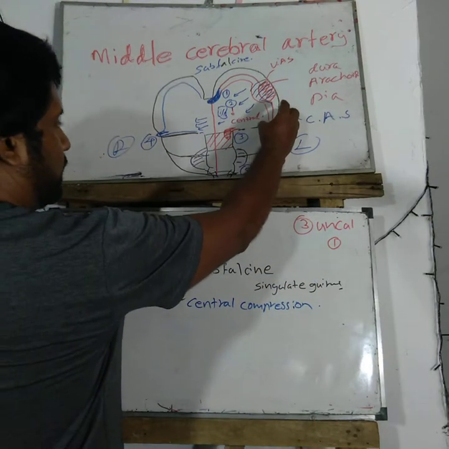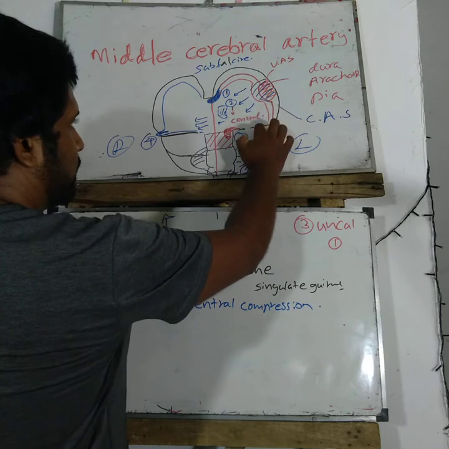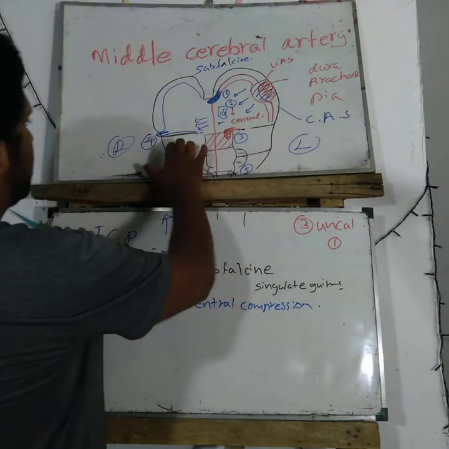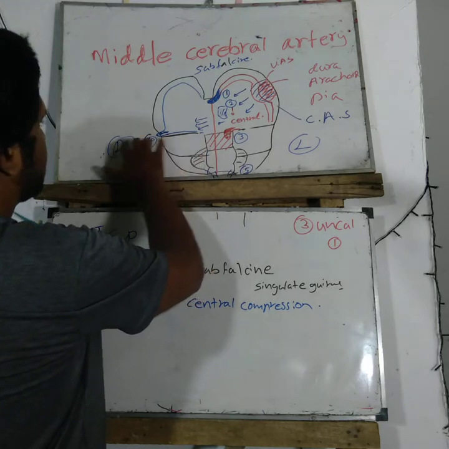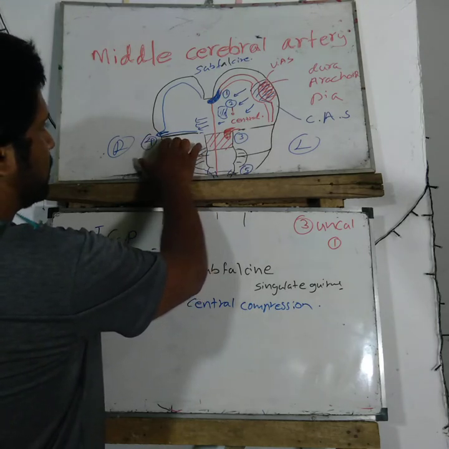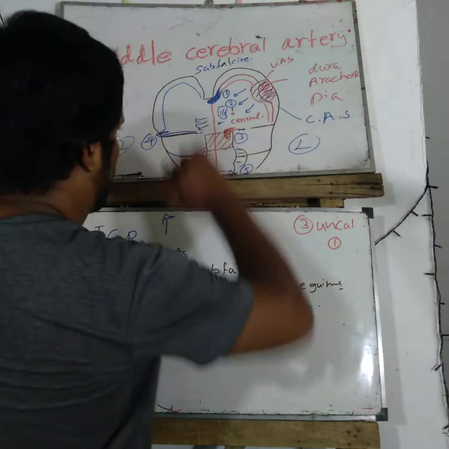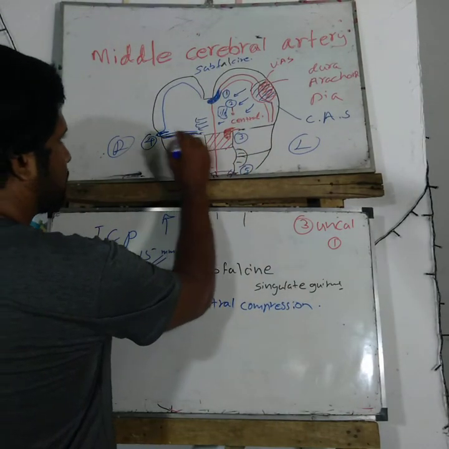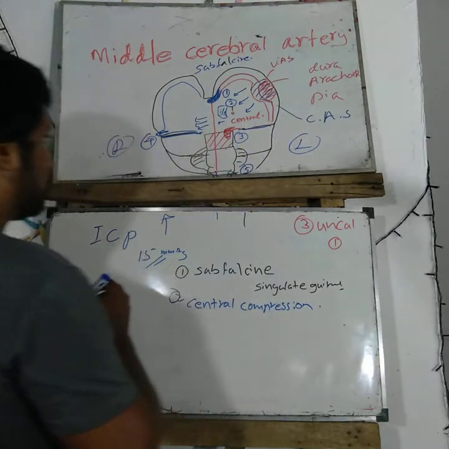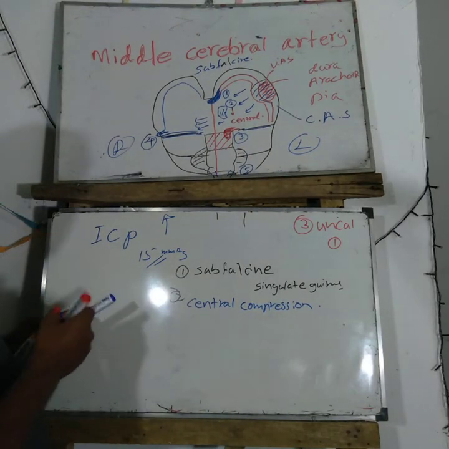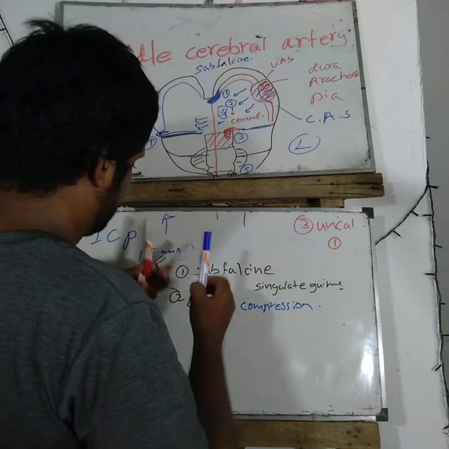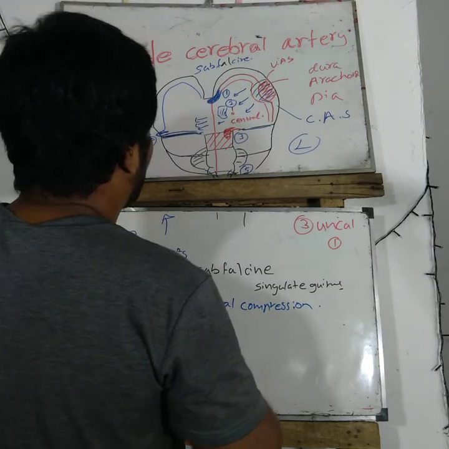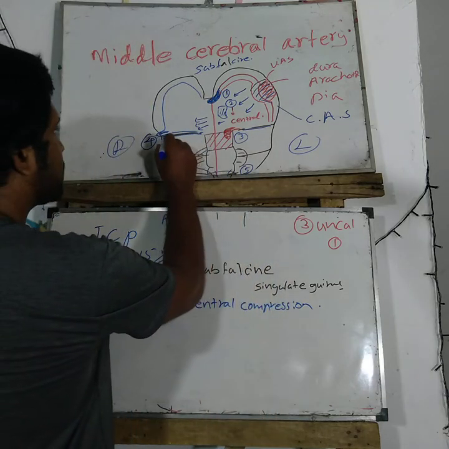Then go to the temporal area. This is the transverse tentorial. The transverse tentorial area divides the brain into portions. This is the transverse tentorial.